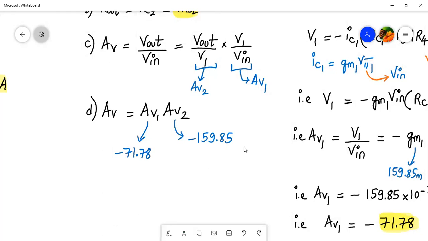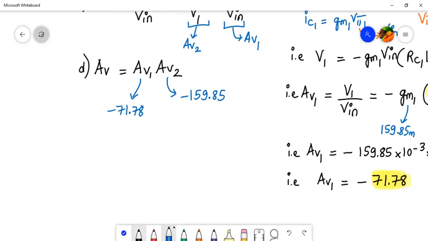If you multiply them, you will get the overall voltage gain value as 11474.